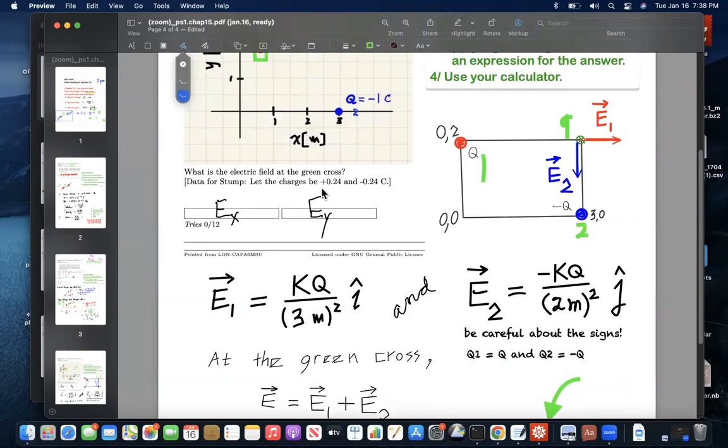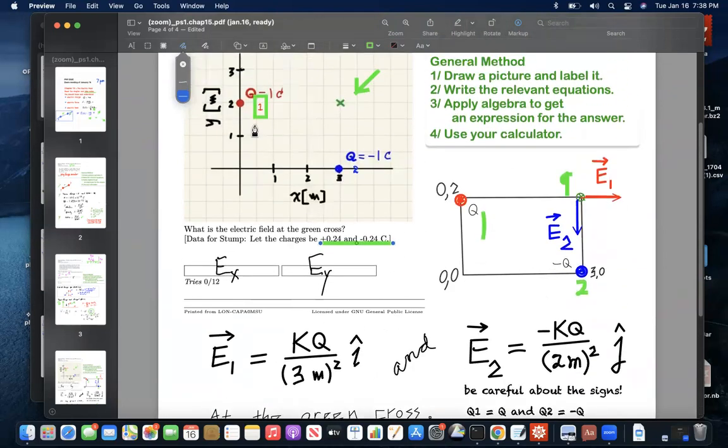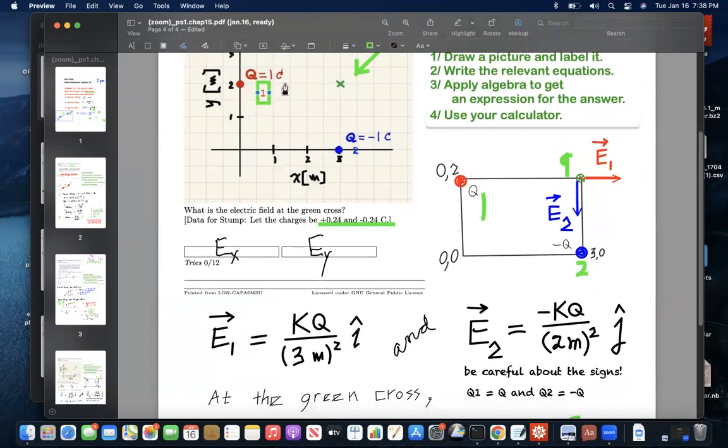Oh, yeah, you do. This would be the answer if the charges were minus 1 Coulomb, plus 1 Coulomb, and minus 1 Coulomb. So this would be the answer for the picture. But use this data, which will be different for your problem, because everybody will have a different value for Q. Don't use 1 Coulomb and minus 1 Coulomb. Use, in this case, 0.24 coulombs and minus 0.24 coulombs.